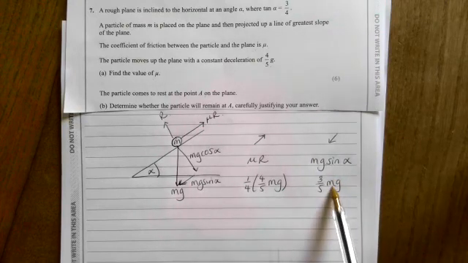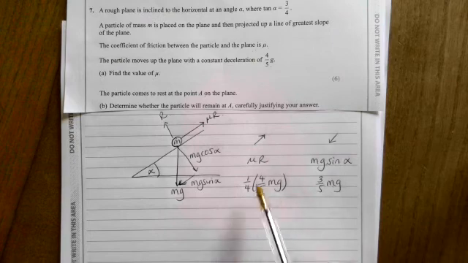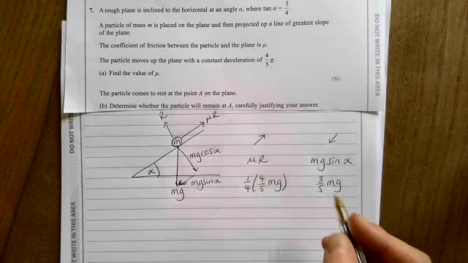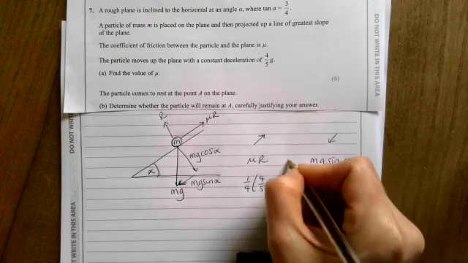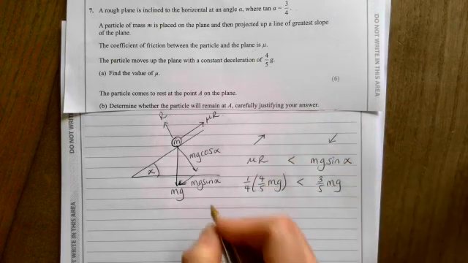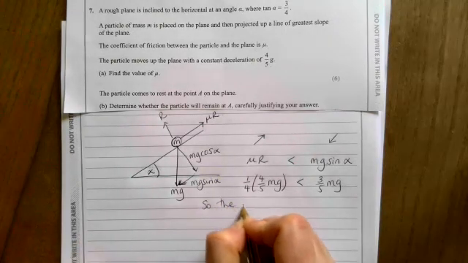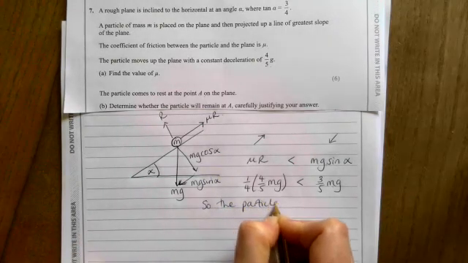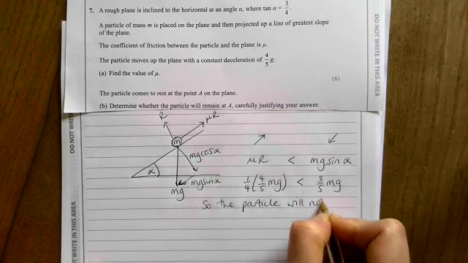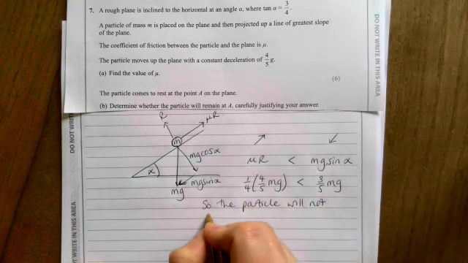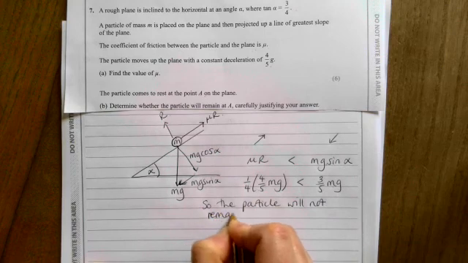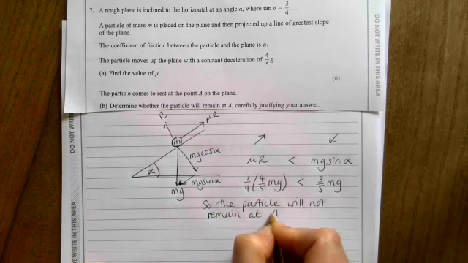So this 3/5 mg is bigger than this 4/20 mg. So the particle will not remain at A.